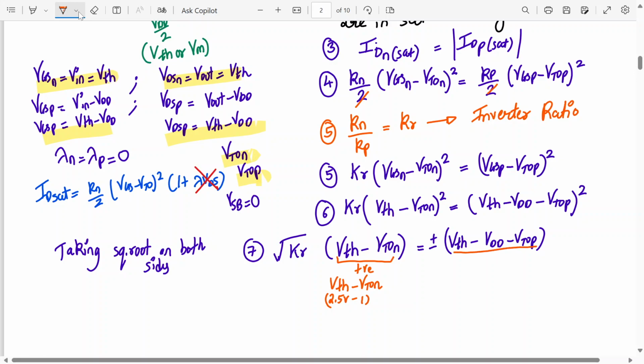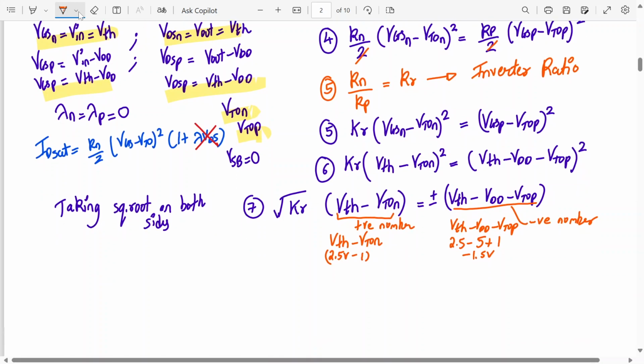What about this? VTH minus VDD minus VTOP. VTH is 2.5, VDD is 5, and this is minus, so this becomes plus 1. So this becomes minus 2.5 plus 1, minus 1.5. So this is a negative number, and this is a positive number.